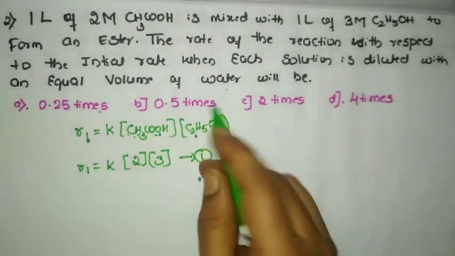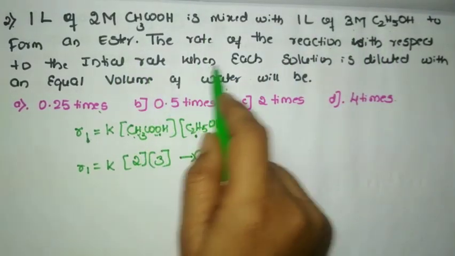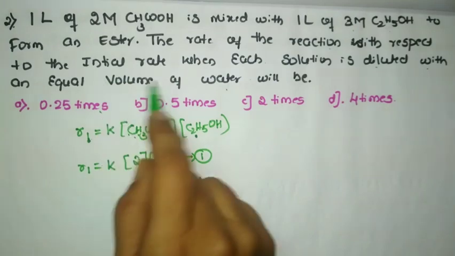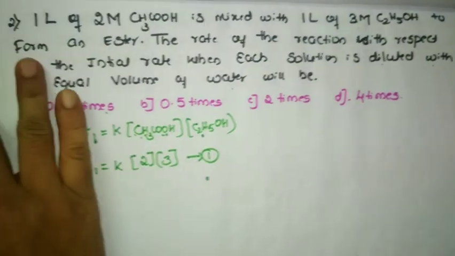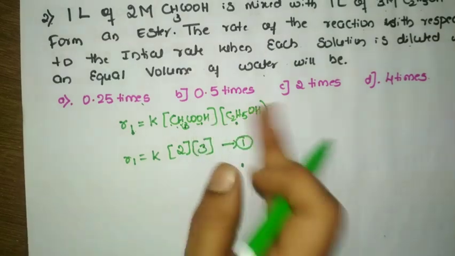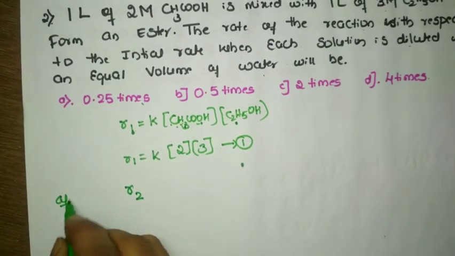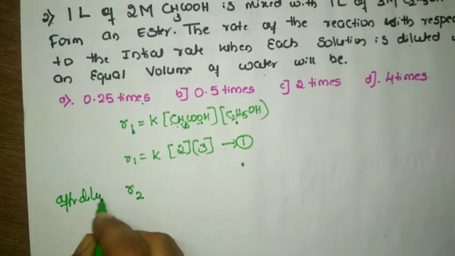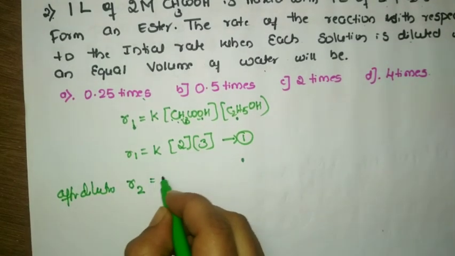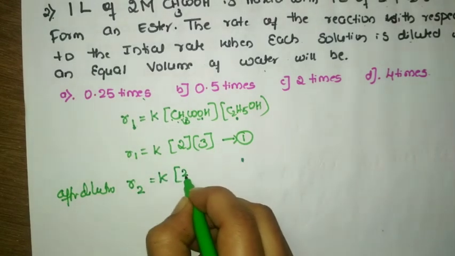Now, after dilution, the rate of a reaction when each solution is diluted with an equal volume of water. So let us write the rate equation for the acetic acid and the ethyl alcohol when they are diluted. So let us take it as R2, after dilution. Okay, R2 is equal to K. Equal volume of water means I could take 2.